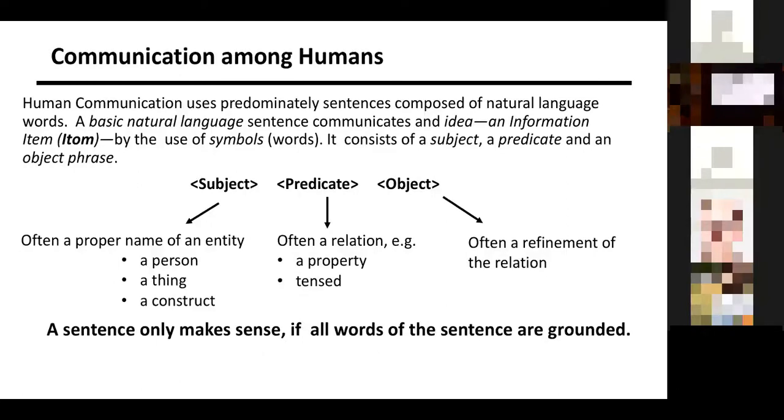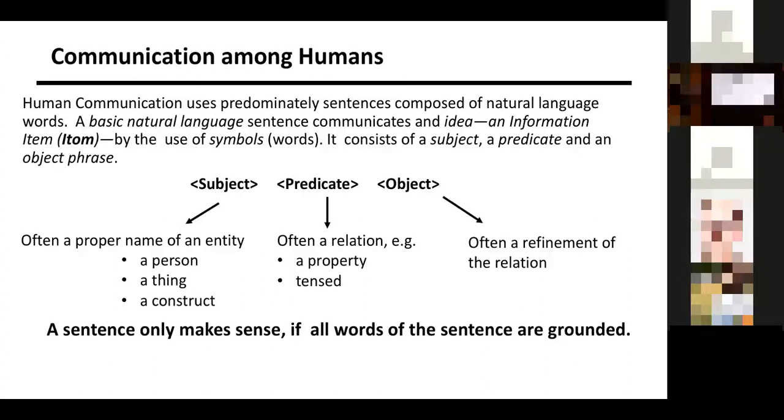So now, having introduced this model of the human mind, the question is, what is now the essence of communication among humans? The essence of the communication is a basic natural language sentence, and you will see later on that this structure we find in many different areas of computer science. It's a subject, a predicate, and an object.